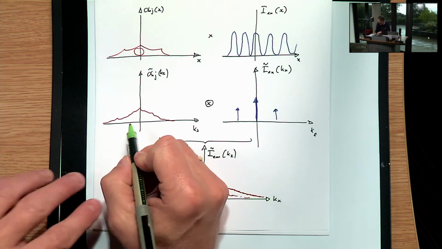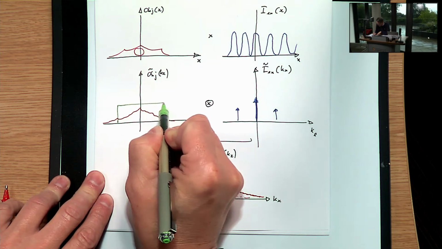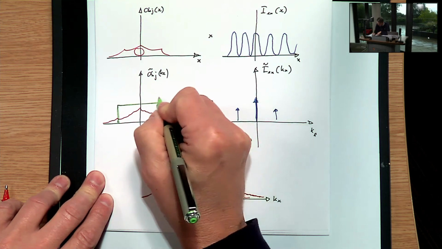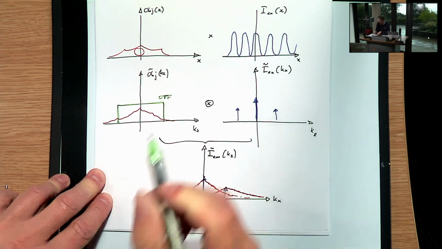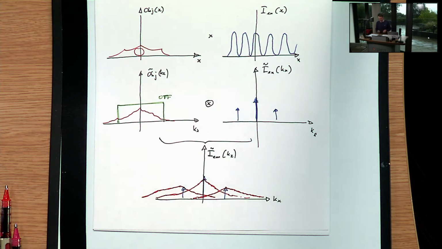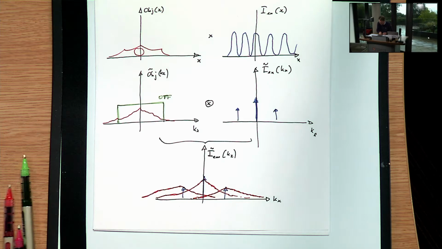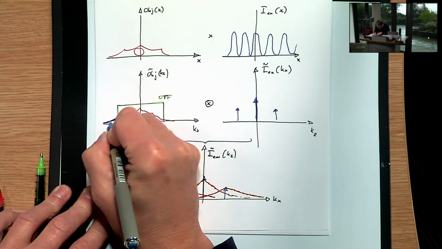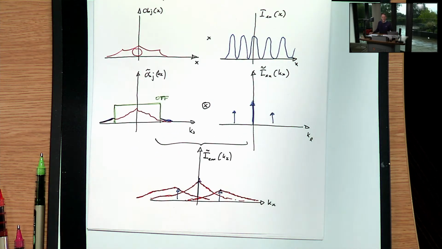Now, if I draw the optical transfer function (OTF) on top, you see what happens. This tail here and this tail, these high frequency tails, are lost.